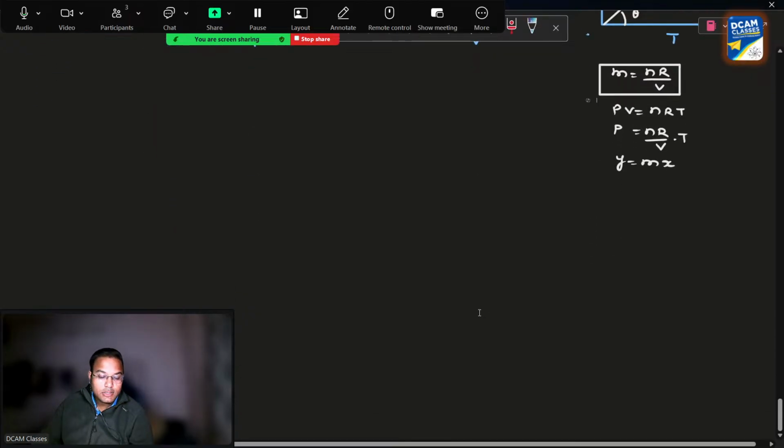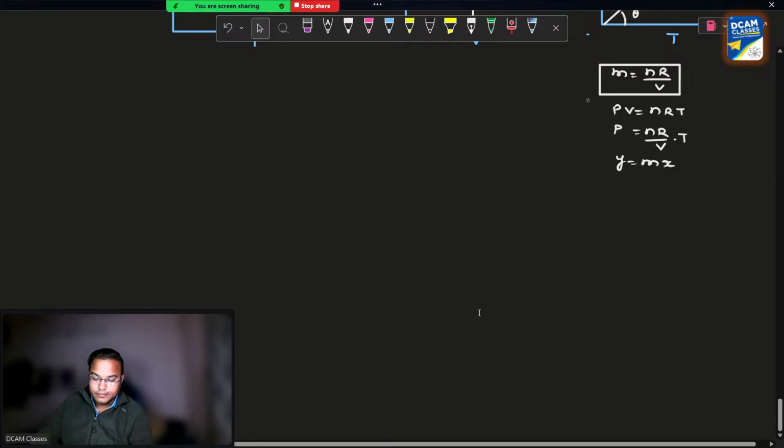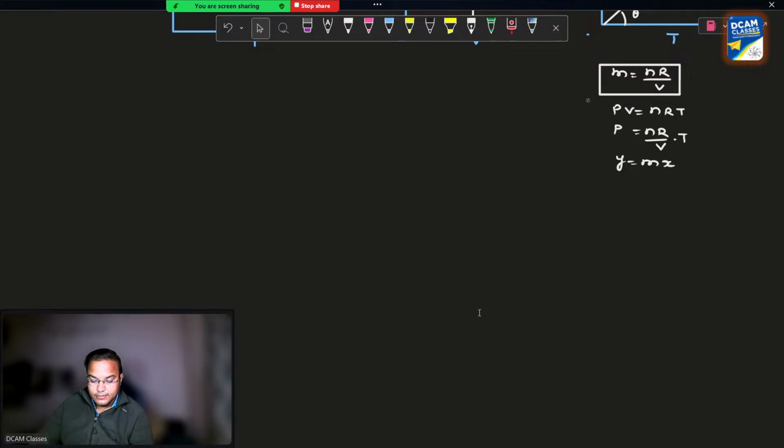Let's move on to the third process then. Isothermal. After isothermal, we'll solve some questions.